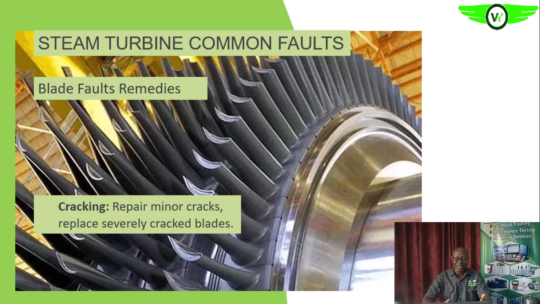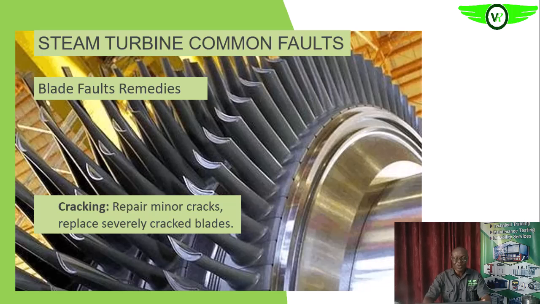So we can actually look at the blade, especially on larger units, with infrared technology that will be installed in the steam turbine. With that infrared technology, we'll look at how the temperature variations are affecting the blade, and if we have cracks, it will also help us to see them before they cause catastrophic failure.